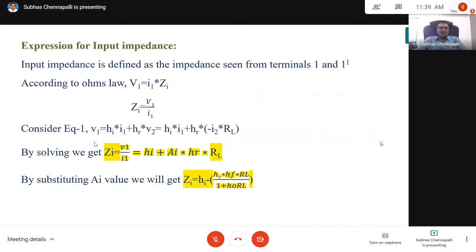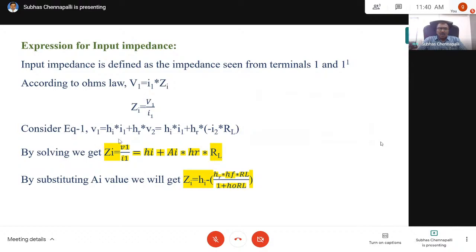So it is again equation 1, the hybrid equations that you have written: V1 is equal to hi I1 plus hr V2. Then I will replace V2 with minus I2 RL.